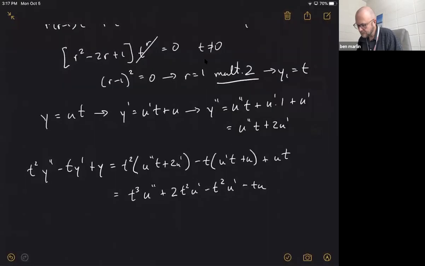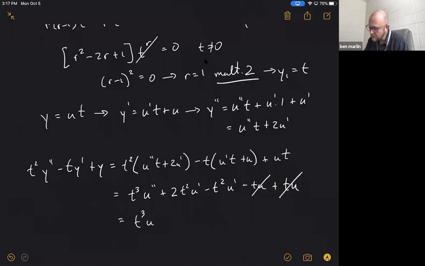Sorry about that. I forgot to copy that down, which means these two things cancel out. And then the other part doesn't quite. So plus t squared u prime.